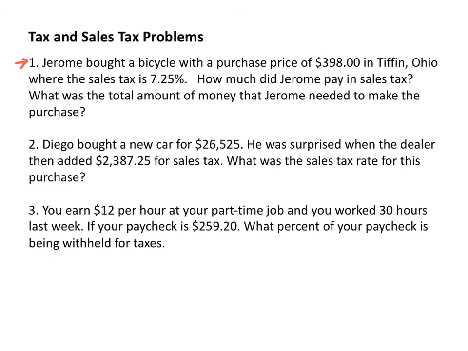Okay, so in sales tax problems, they all work the same way as percent increase and decrease problems. You have some original, like the amount of the sale, plus sales tax. Sales tax is always add on, so we're just going to use plus.